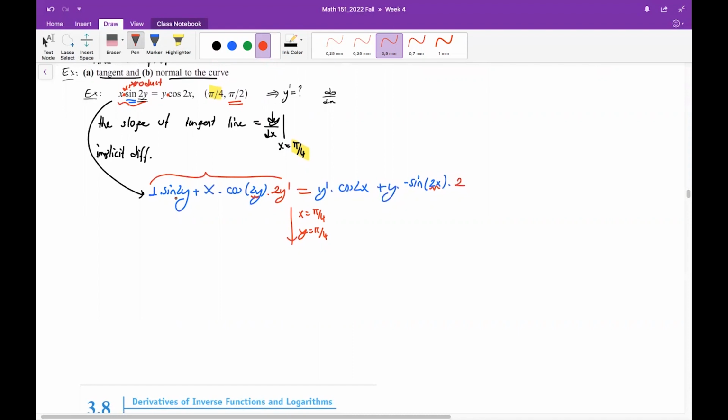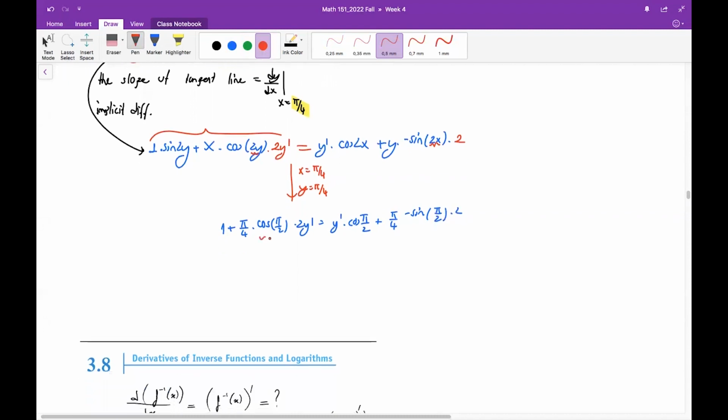Sine pi over 2 is 1, right? So it goes like 1 plus pi over 4 times cosine pi over 2 times 2y prime. Okay, y prime times cosine pi over 2 plus y is pi over 4, then minus sine pi over 2 times 2.